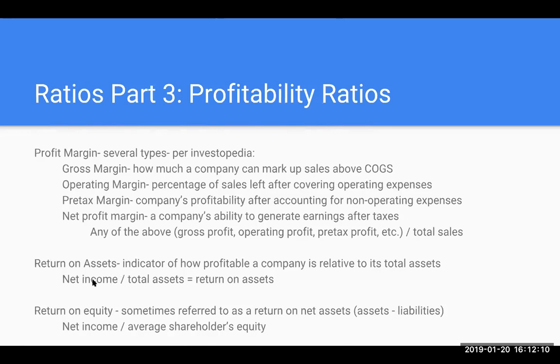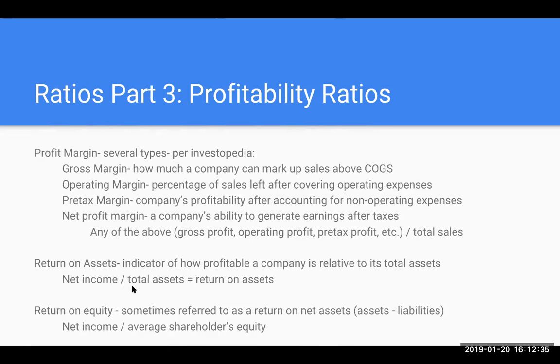We're going to take net income divided by total assets to get return on assets. Note that I've also seen this as net income divided by average total assets. If it makes a huge difference, meaning total assets have shifted, you may want to use average total assets, but if the numbers are the same, you could just use total assets.